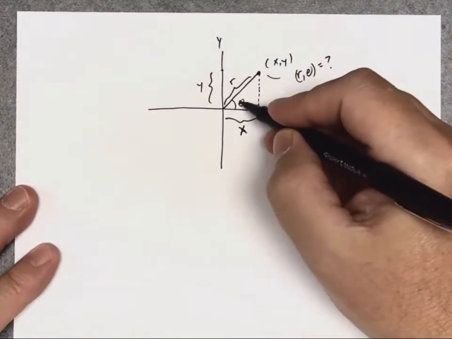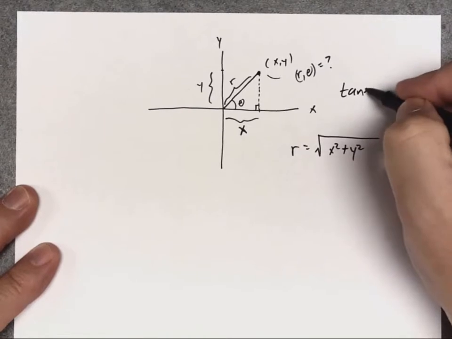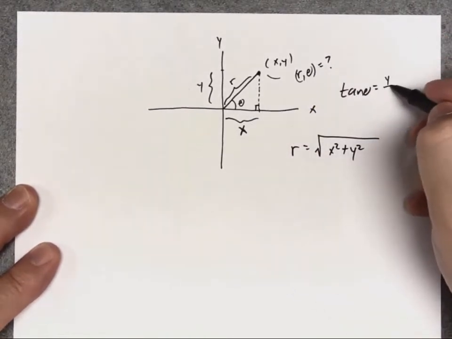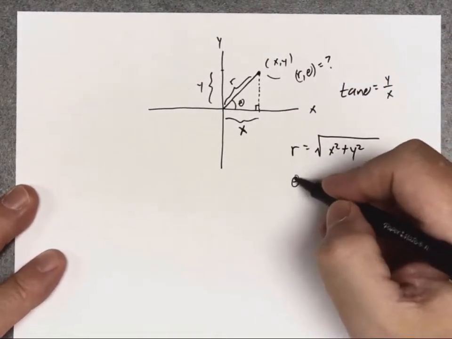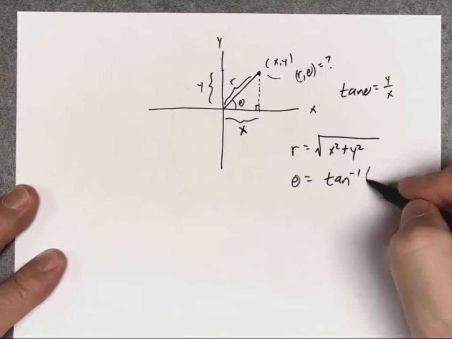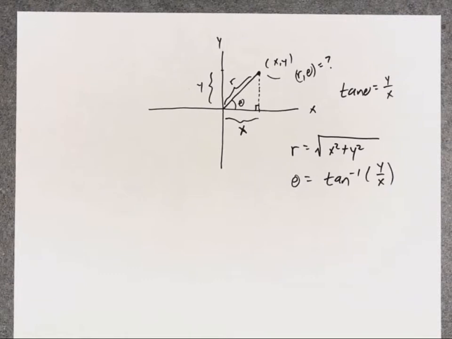And this angle here, I can say the tangent of that angle is opposite over adjacent. So therefore, if I want that angle, you take the inverse tangent of y over x. The same thing as you did with the vectors.